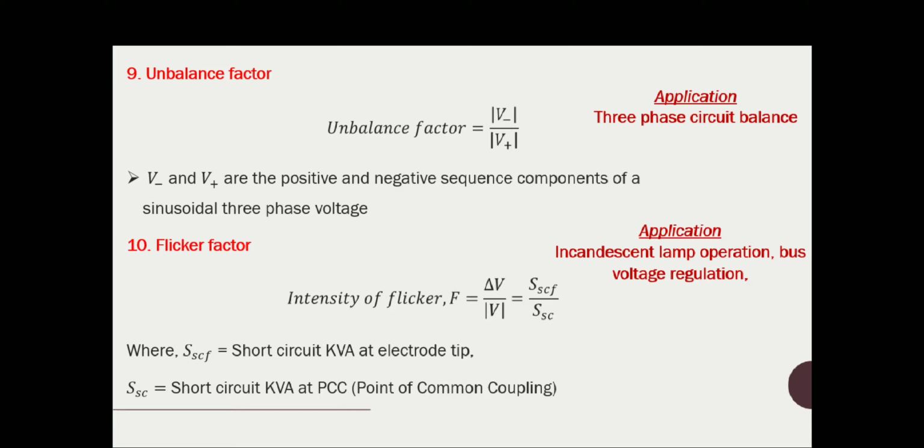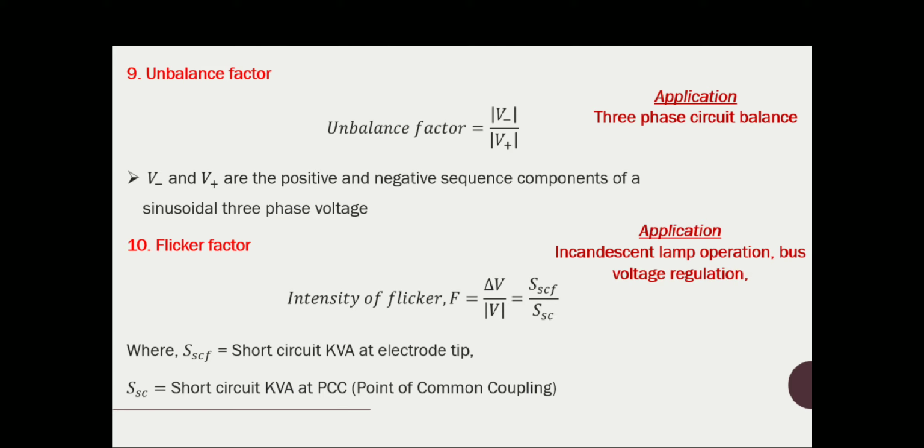Another one is the flicker factor. Flicker is associated with lamp lighting systems, so it actually measures the incandescent lamp operation and also the bus voltage regulation, etc. So flicker or intensity of flicker is given as delta V divided by magnitude of voltage.